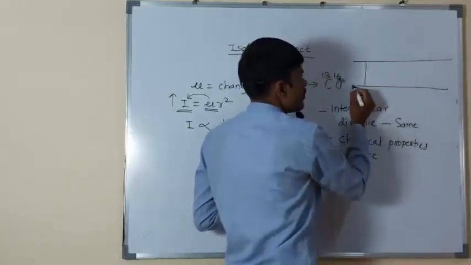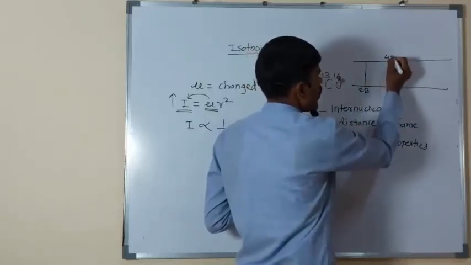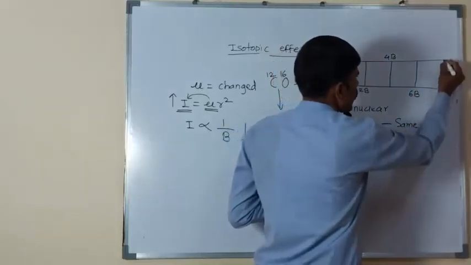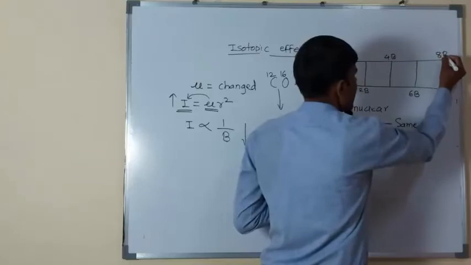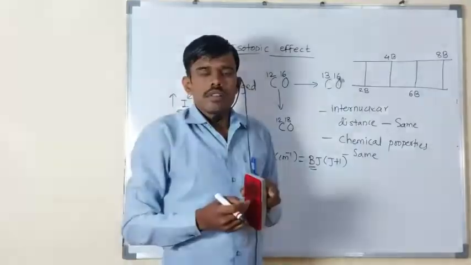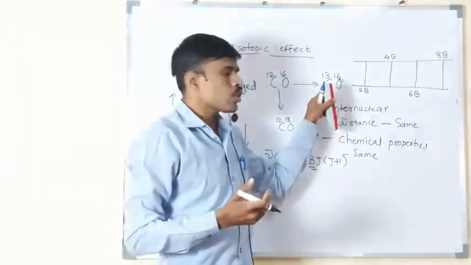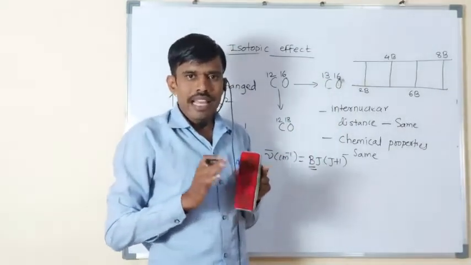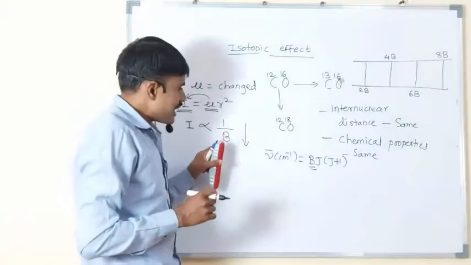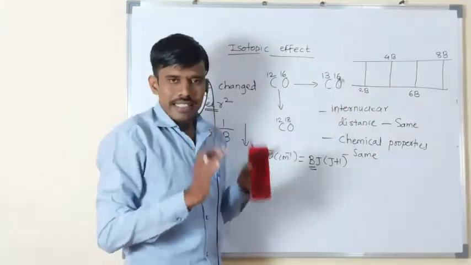So suppose this is the first line which is observed at 2B, this is the second line which is observed at 4B, third line which is observed at 6B, fourth line which is observed at 8B. These lines are observed in a normal molecule. Suppose one of the atom is replaced with the heavier isotope of that atom, then there is a decrease in B value. So due to decreasing B value, frequency of that spectral line decreases.